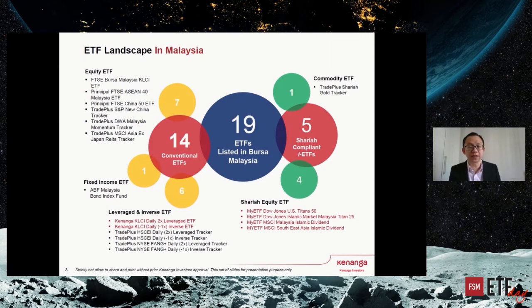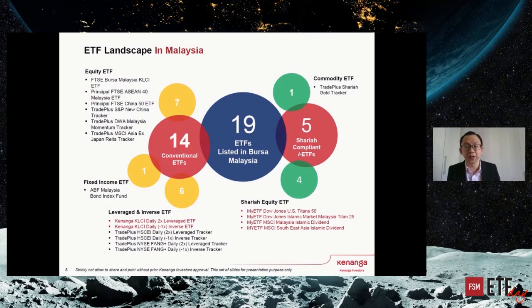So let's look at the right side of this chart, which is the i-ETF space. In the i-ETF space, we have 5 ETFs. One is a commodity ETF, which is Tradeplus, covered by Choo just now, and we have another 4 Sharia equity ETFs, which is the MyETF series.